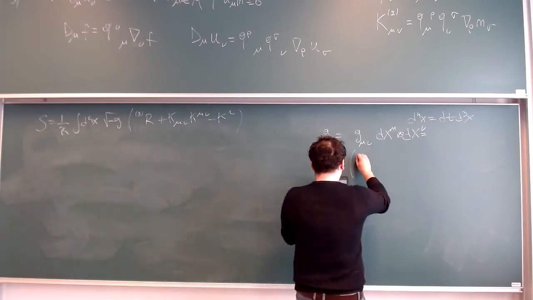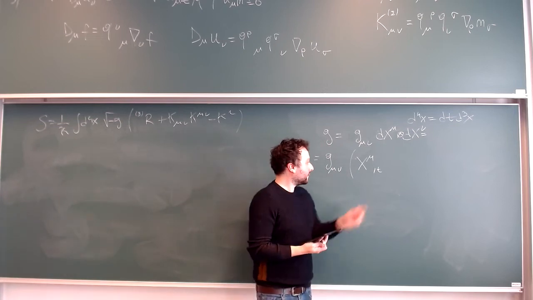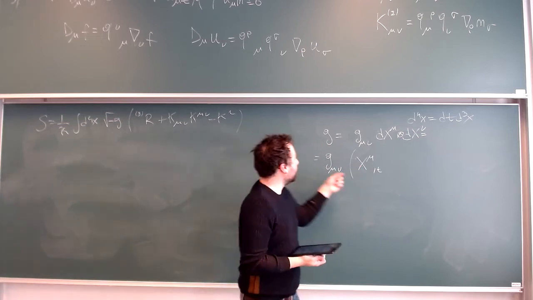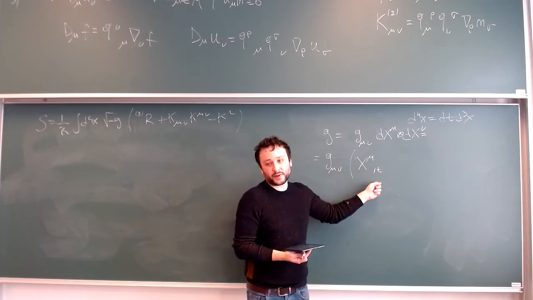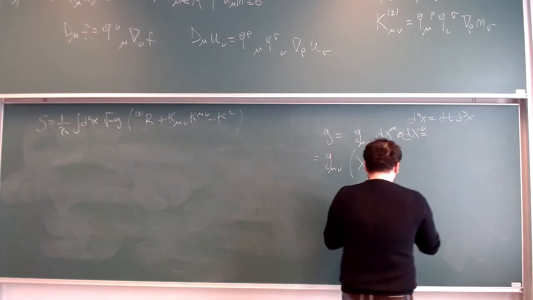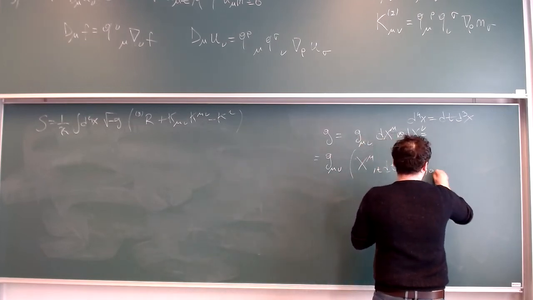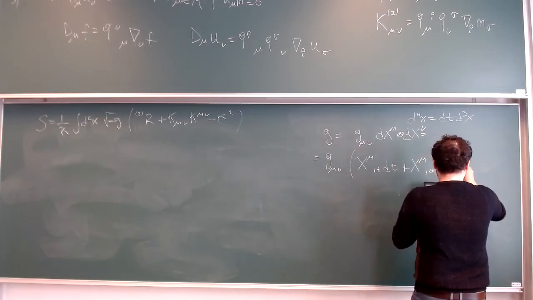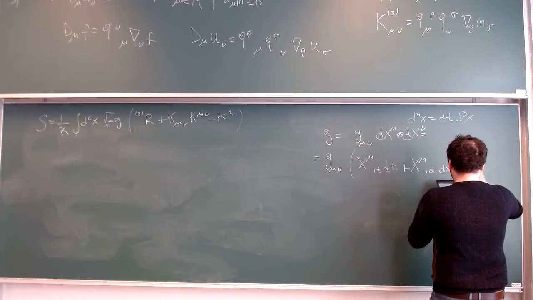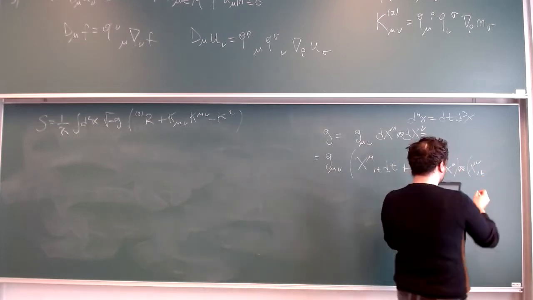So here we have the derivative of x^mu with respect to t, plus x^mu comma a.